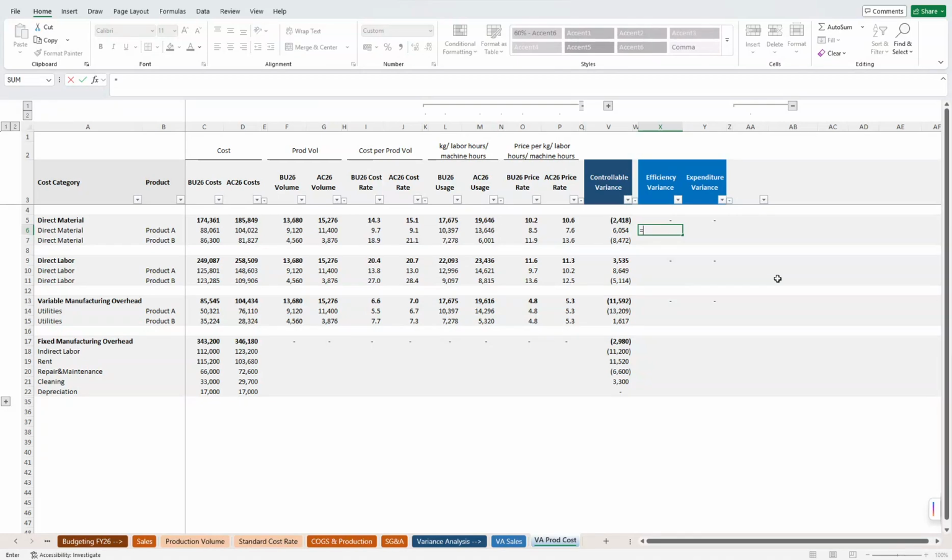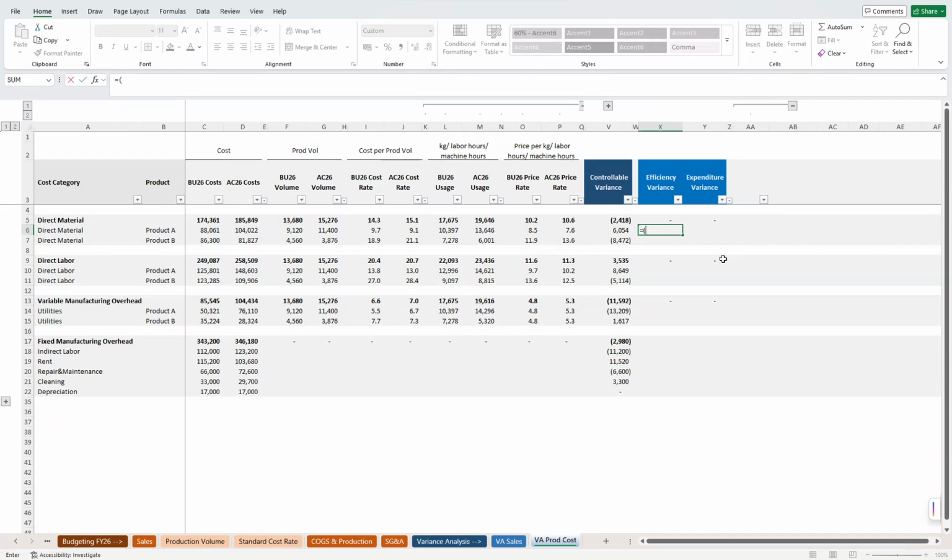For efficiency variance, if you remember from the FP&A tool overview lesson, the formula is the difference between standard usage and actual usage multiplied by budgeted price rate. Since it is efficiency variance, the name tells us it is about usage, so we first calculate the difference between usage, then in order to translate it to the financial impact, we multiply it by price rate.